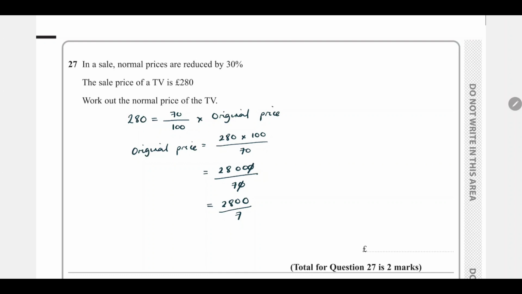Now to make this division easier, we can ask ourselves, how many times does 7 go into 28? Well, that's 4, and then we have the 2 zeros, so that's 400. So the original price of the TV is £400.